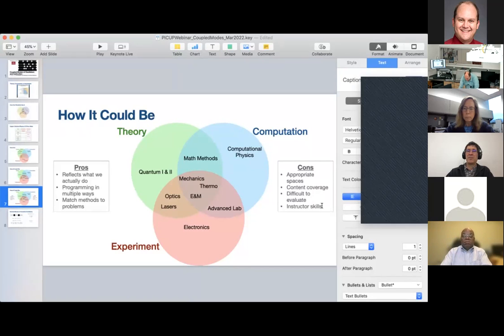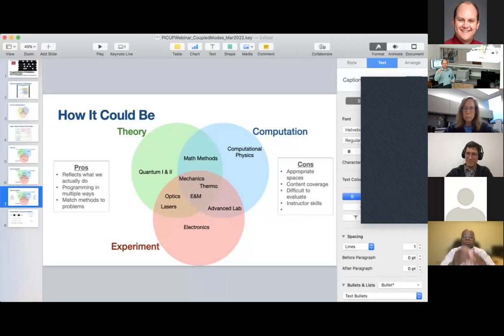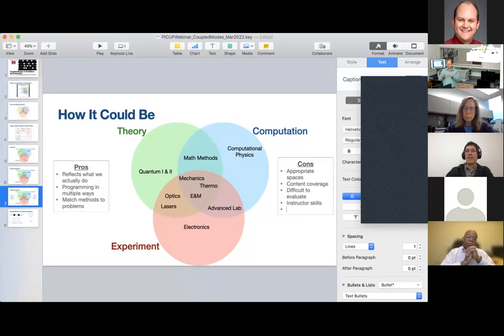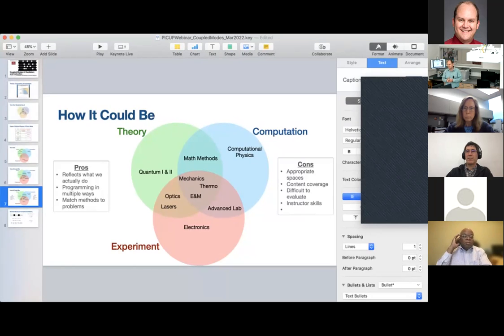Ooh, that's kind of a con and a pro, depending on your department, right? If your department is structured like some departments I've seen, where somebody owns quantum mechanics, or somebody owns the electronics lab, or somebody owns thermodynamics, then yeah, there's going to be some issues. Nobody likes it when somebody comes in and tells you how you have to teach your class.